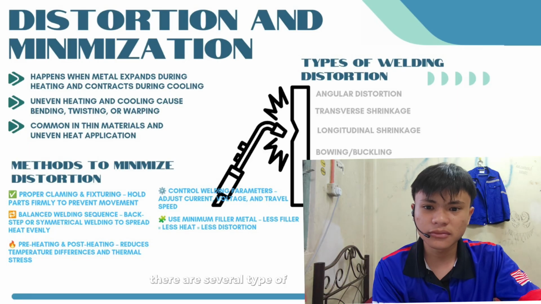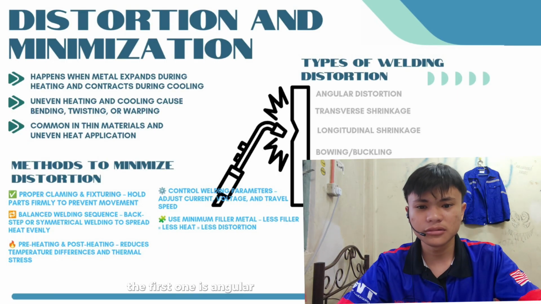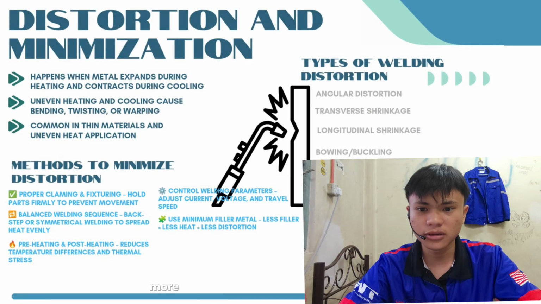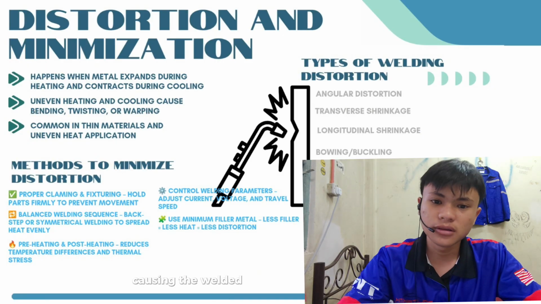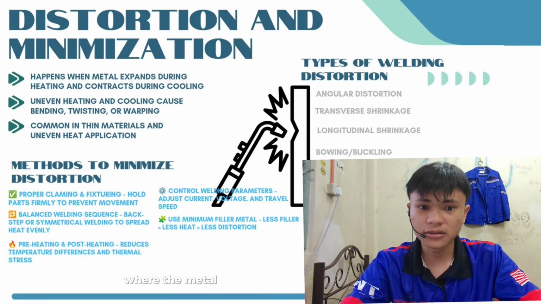There are several types of distortion that can occur during welding. The first one is angular distortion, which happens when one side of the weld shrinks more than the other side, causing the welded joint to be bent at an angle. The second is transverse shrinkage, where the metal contracts across the width of the weld joint, reducing the overall width.